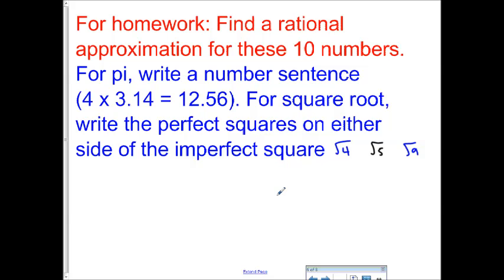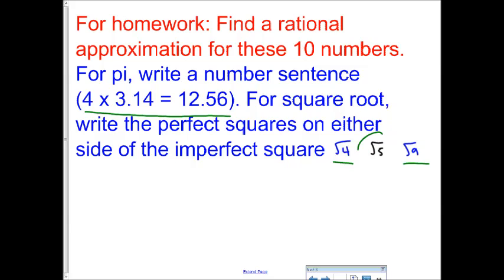For homework, you are going to find a rational approximation of these 10 numbers. If it has a pi, I want you to write a number sentence. Instead of pi, use 3.14. For a square root, I want you to write the perfect squares on either side.